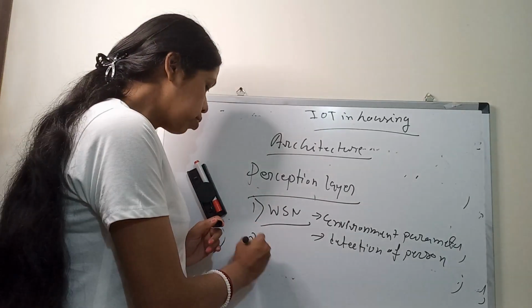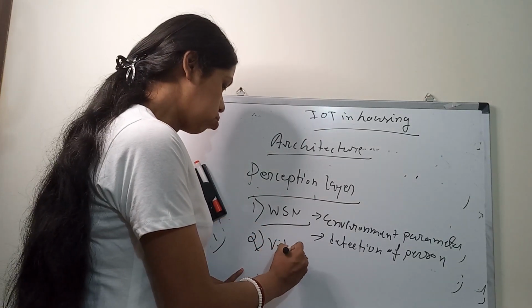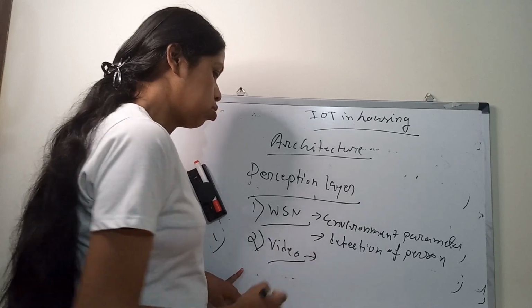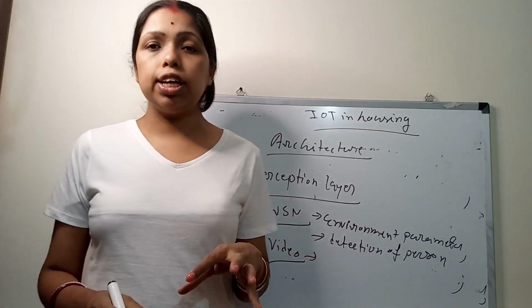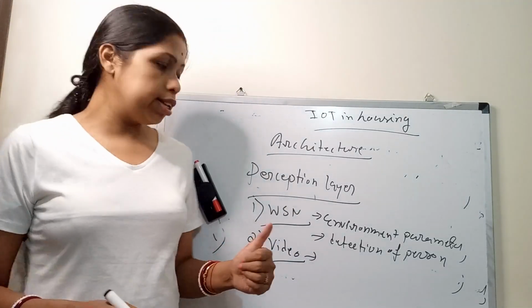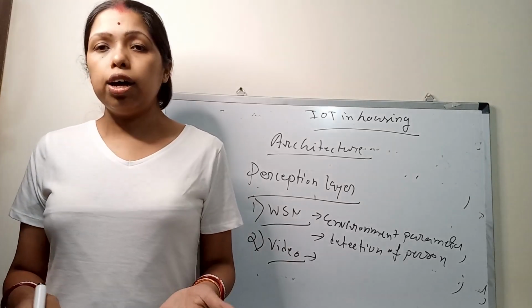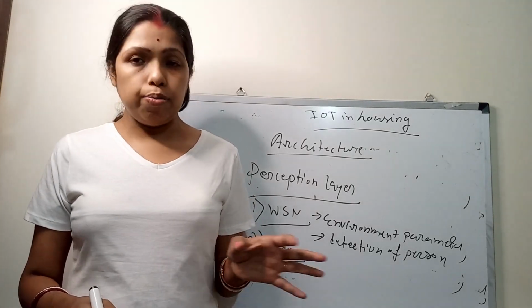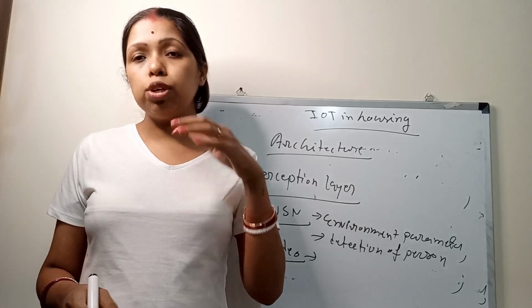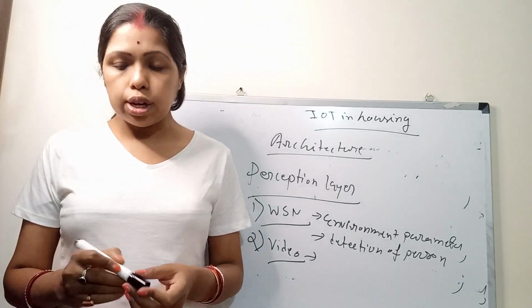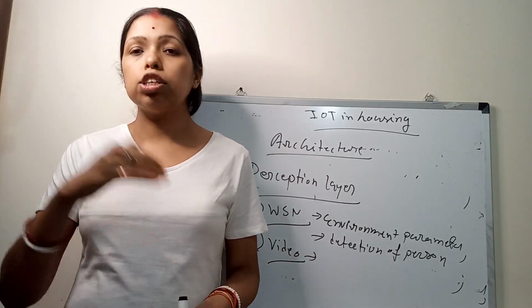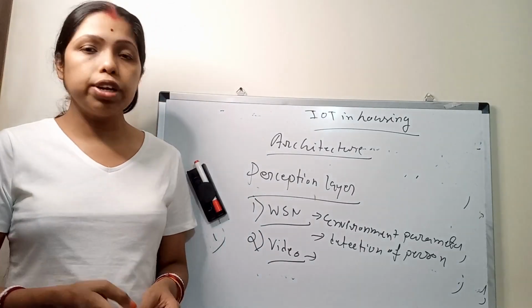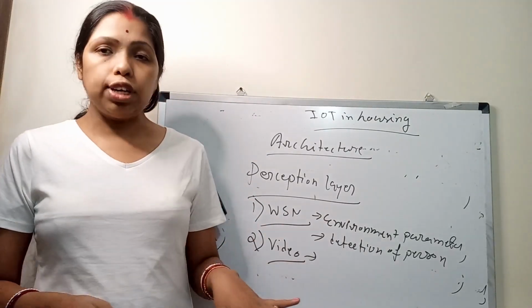Next is the video. The number of persons present inside the building can be detected by video surveillance. And suppose we're making a building, the transportation of material from one location to another can also be detected by video surveillance.